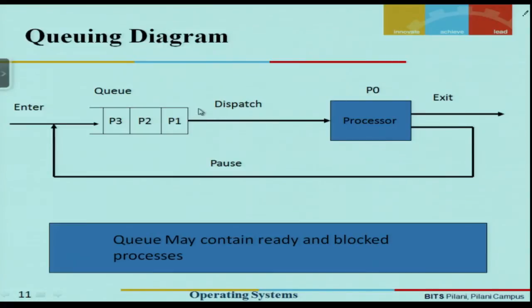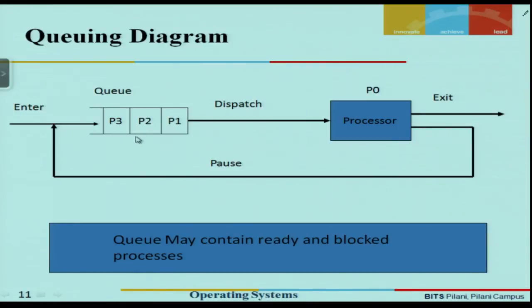We cannot allow the dispatcher to take a variable amount of time, because if a linear search has to be carried out, the amount of time taken to find an entry is going to be dependent on the number of elements in the queue. Whereas we said that the dispatcher is going to take a constant amount of time. So, we cannot allow such a kind of algorithm to be used by the dispatcher. So, the question arises, how do we solve this particular problem?